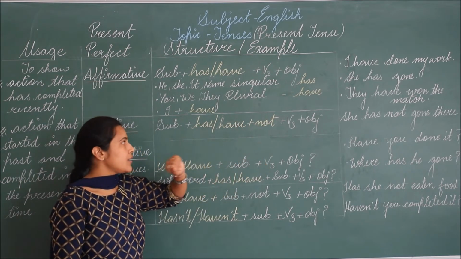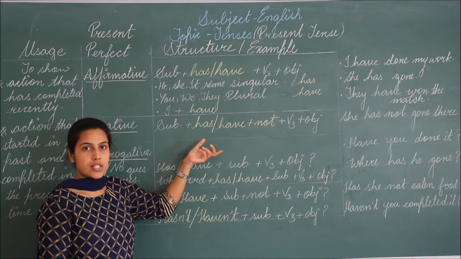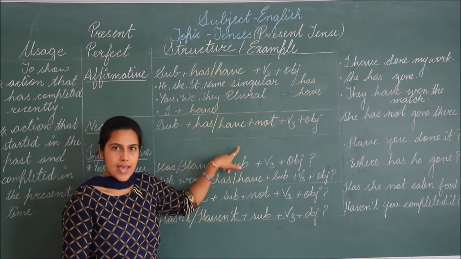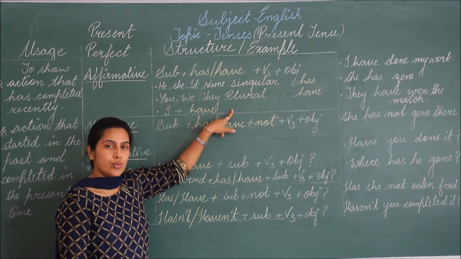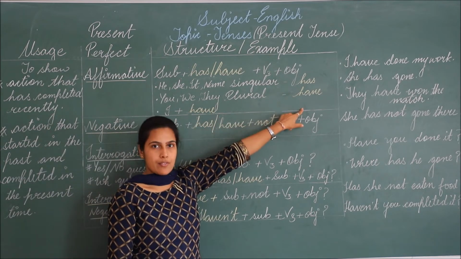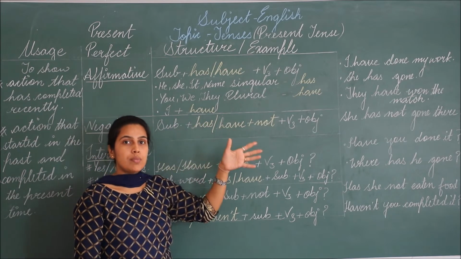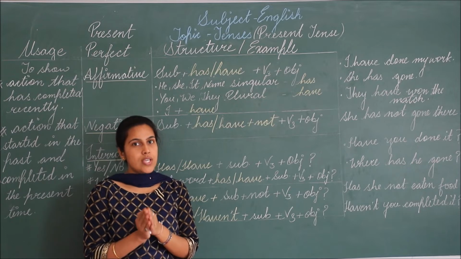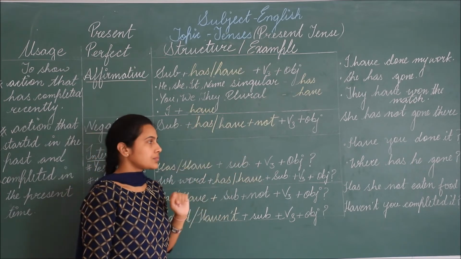Now one thing that I forgot to tell you is that for singular subject, like he, she, it, name, we use has, and when we have you, we, they, plural, then we use have, and with I we use have. As I told you in my first video lesson that I is singular but we use helping verb have with it. We treat it as plural.